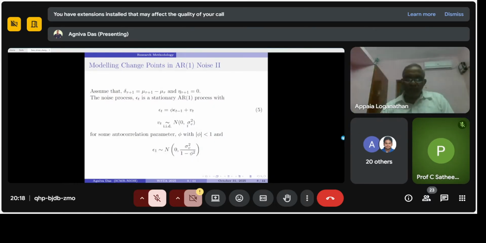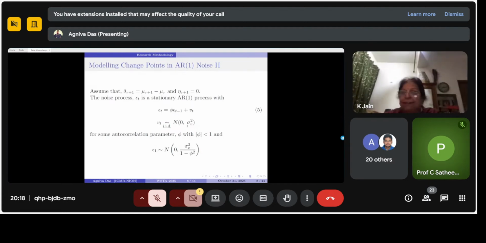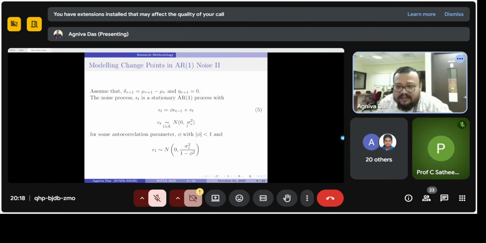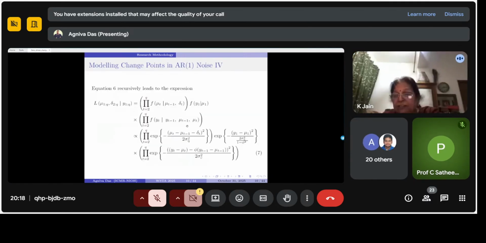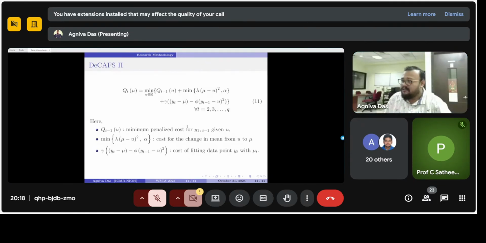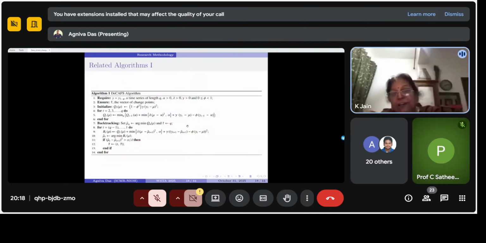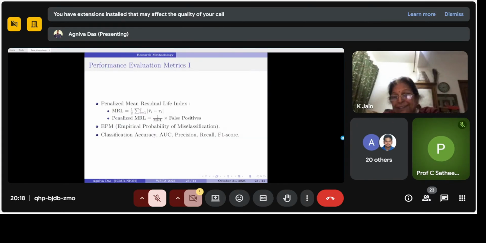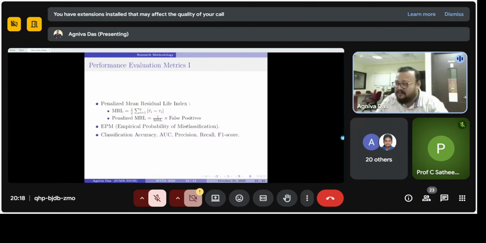Madam? Sir, just a small query. Yes, ma'am. You were talking of the MRL index, mean residual life. There is a term, mean residual life, in reliability as well. Oh, I'm sorry, ma'am. This is a term that we thought we had developed for this particular case when there is a change point and we are estimating a change point and there is a gap.